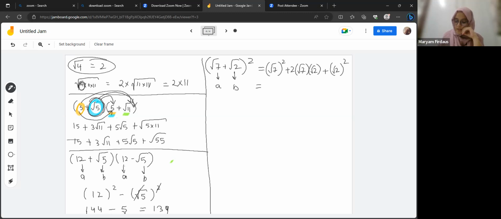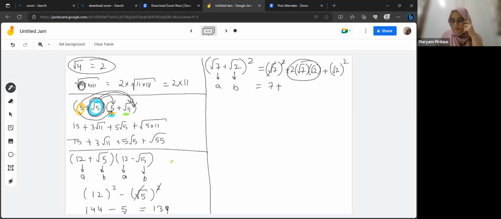Now Zen, tell me what will this become? The first term. First you say 7. The first term is 7. I'm asking for the first term only. Now what will the second term become? It's not 2. This entire thing is the second term. Okay?